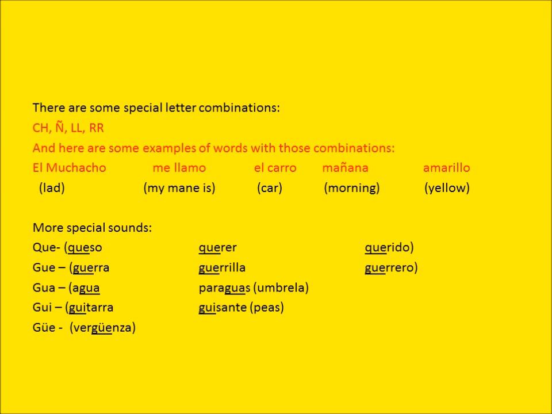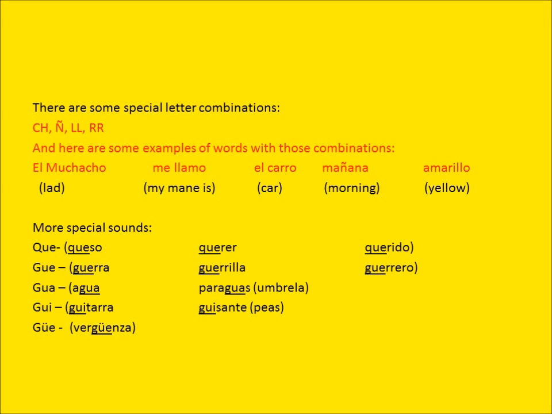Then you have ga, gi. And the last one with the two little dots on top of the U is very, very special. You're going to say gue. So you have ke, ge, ga, gi, gue.